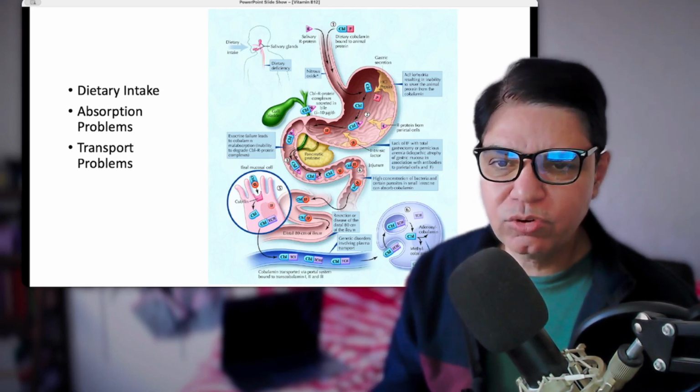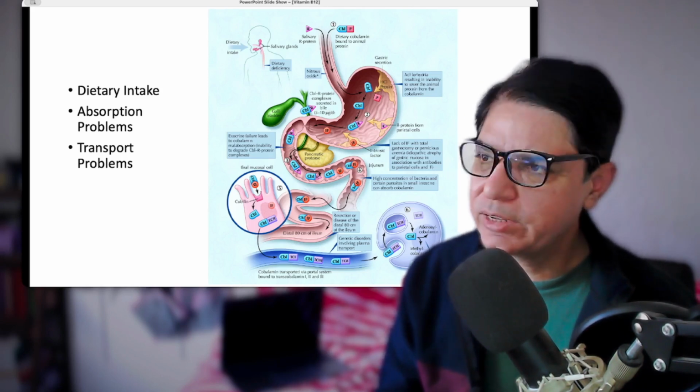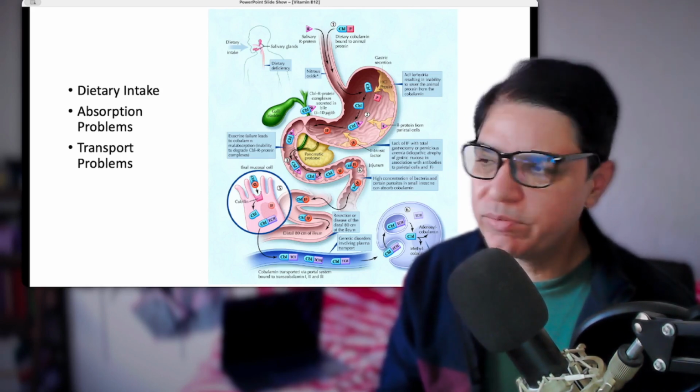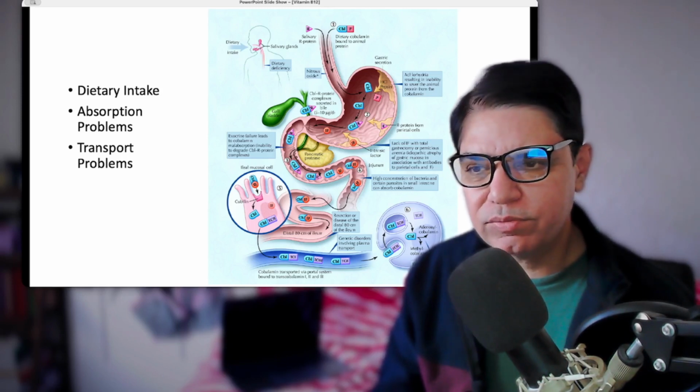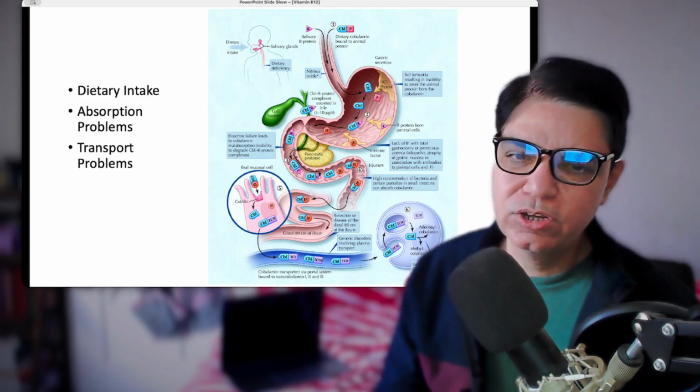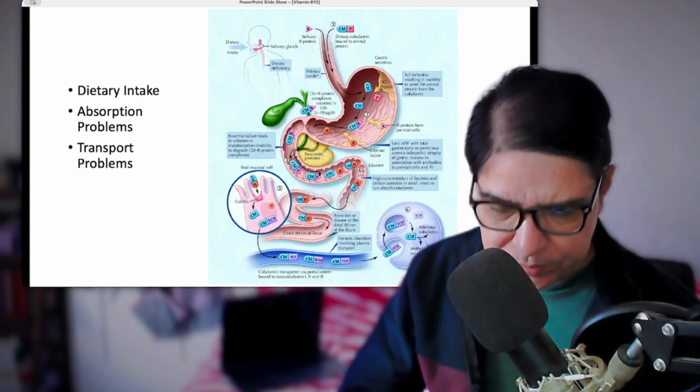So usually the liver has enough stores, even if you're not taking any vitamin B12, to last 2 to 3 months, like a 2 to 3 month storage tank in the liver.